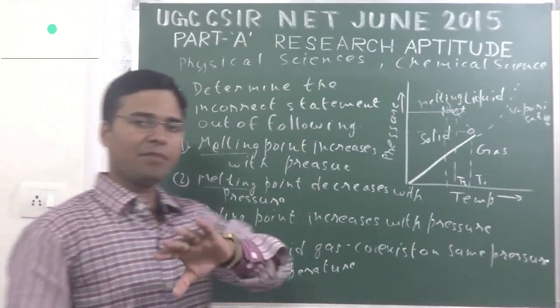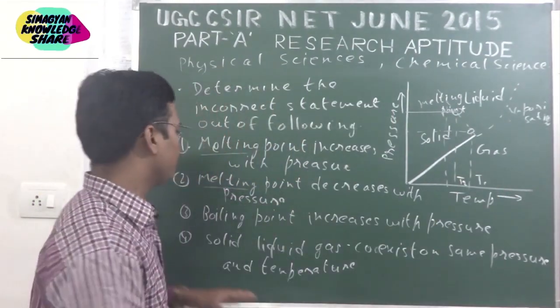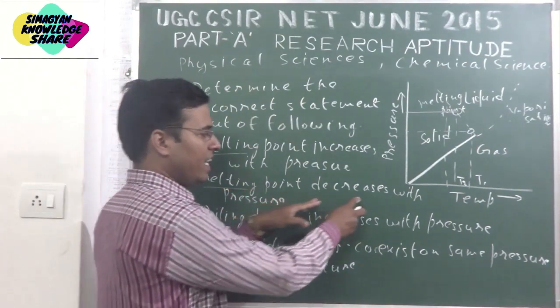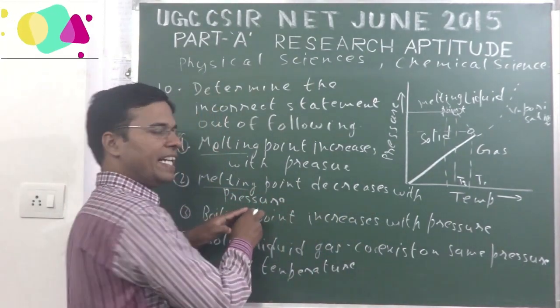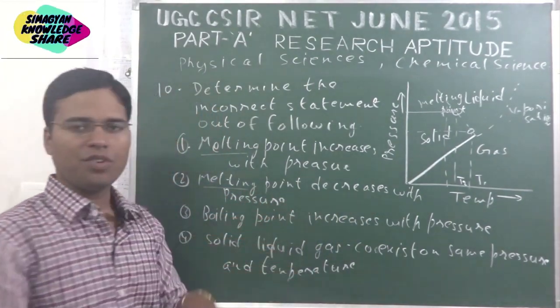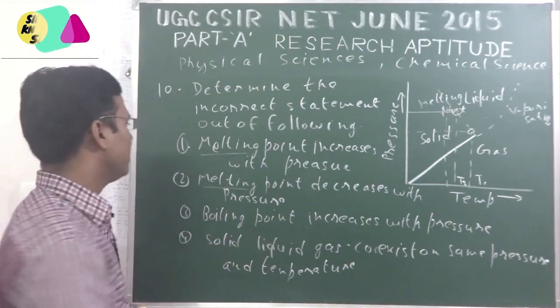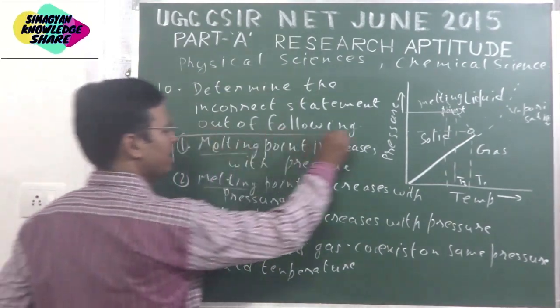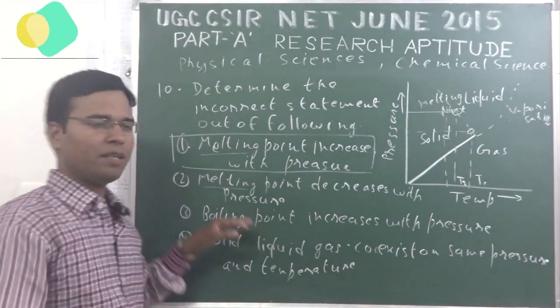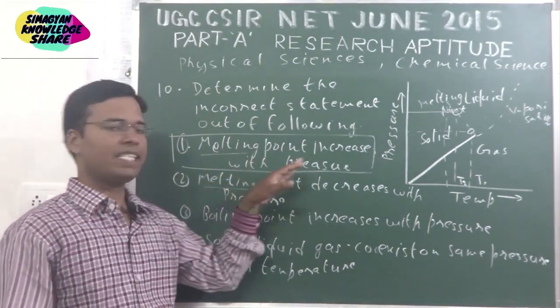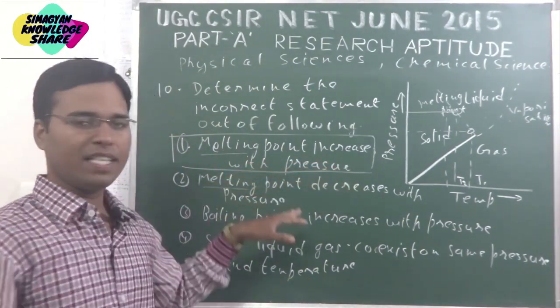So melting point is not increasing with pressure, melting point decreases with increasing pressure. So at first sight we would get the correct answer: option number 1, the melting point increases with pressure.